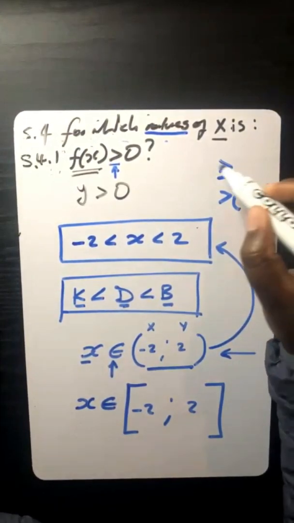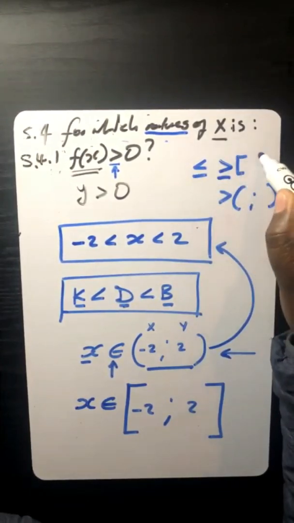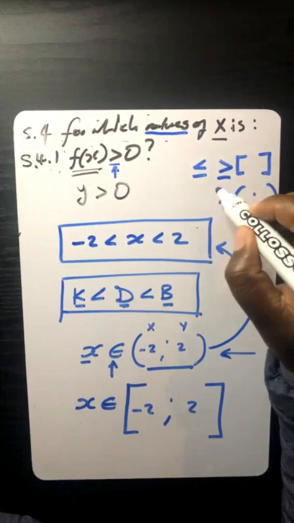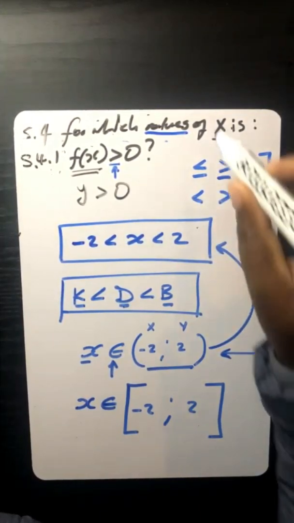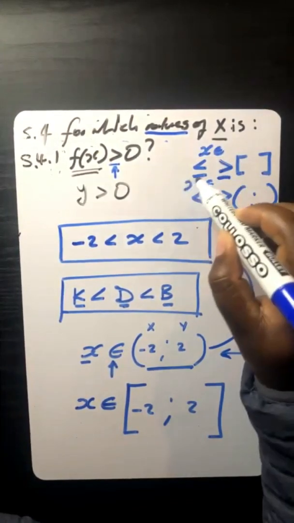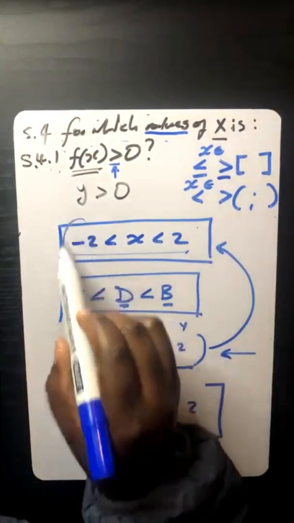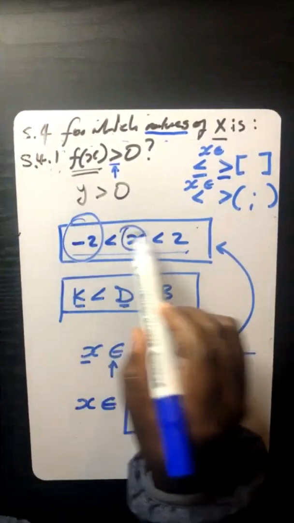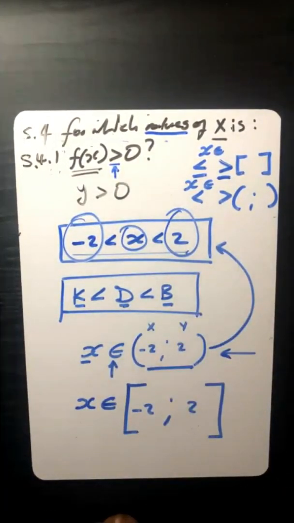But if maybe it's less than or is equal to, you use this one with the corners. If it's less than, you use this type. That's if you say X is the element of. But if you use this one of between, then you just represent it like that as -2 less than X less than that. So, ladies and gentlemen, are you happy with all that I've explained over there, where you score yourself 2 marks?